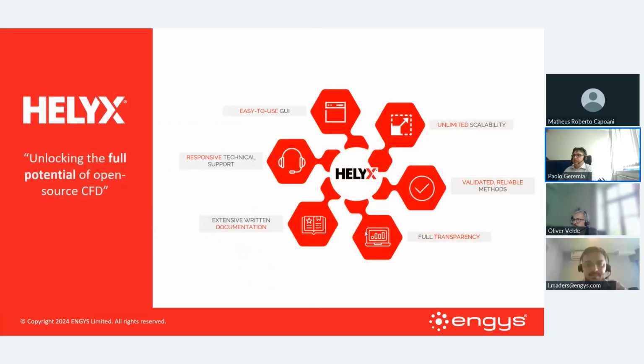Helix, which is what we use for today's demonstration, is an open source based software which comes with a very easy to use graphical user interface, and an open source core, which provides unlimited scalability, which means you can run an arbitrary number of simulations concurrently at no extra HPC license cost.